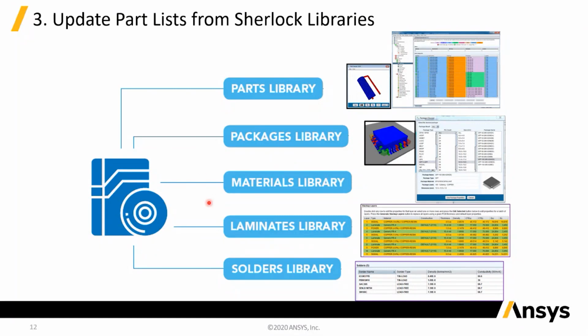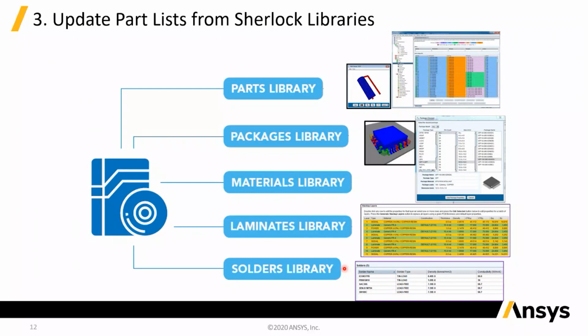It has several hundreds of electronics materials, which are specific to suppliers and electronics products. We have several hundreds of laminates in the library, which make the PCB layers. And we have the typical solder library, which could be lead-free solder or leaded solder. So with the help of these libraries, we can convert the electronics CAD to a mechanical CAD in just a few clicks and within a few minutes.